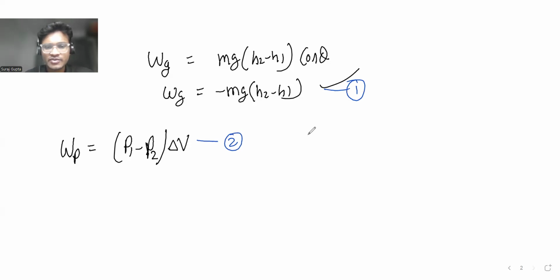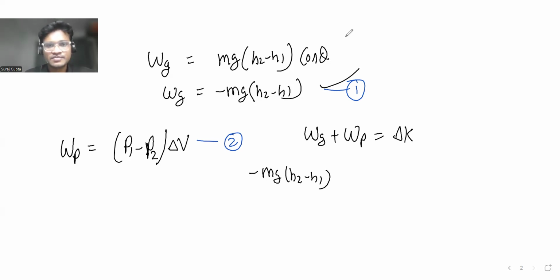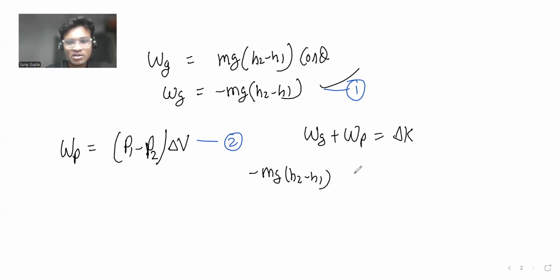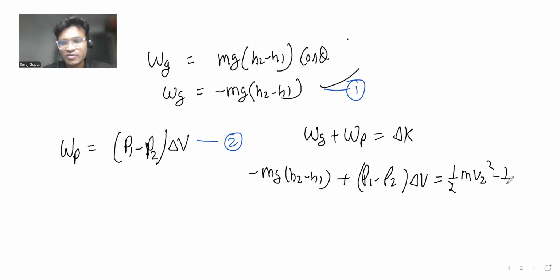Now, what was the work energy theorem, everyone? Work done due to gravity plus work done due to pressure is going to be equal to change in kinetic energy. Work done due to gravity we have found is minus mg (h2 minus h1), and work done due to pressure is (P1 minus P2) times change in volume, which is equal to 1/2 m v2 square minus 1/2 m v1 square.